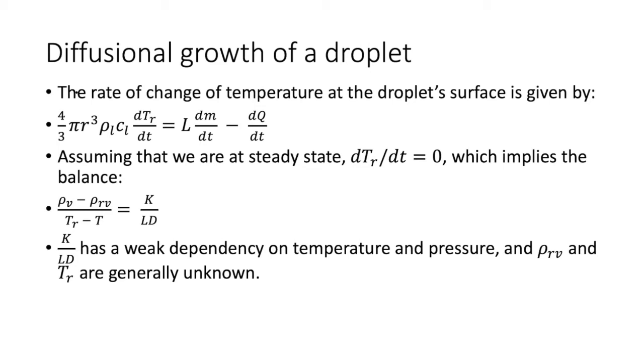Also, every time you're condensing stuff on the droplet, you're releasing latent heat, okay? And the total heat that is either given up or acquired by the droplet is going to change the temperature of the droplet, okay? And so the heat that is given up or taken in by the droplet equals the latent heat that is acquired because of condensation minus the heat that is diffused away, okay?